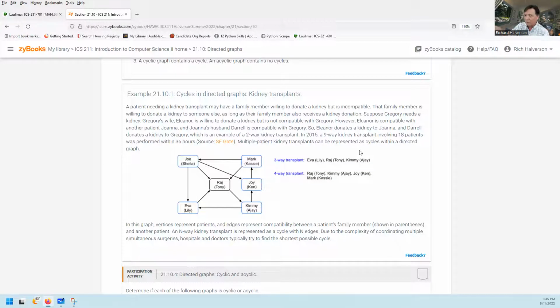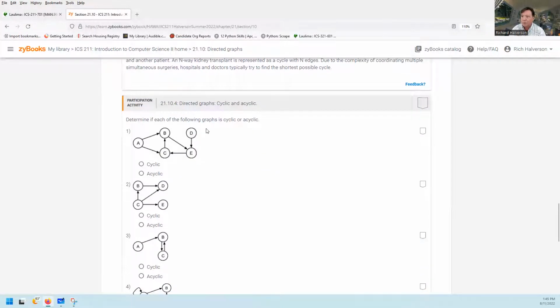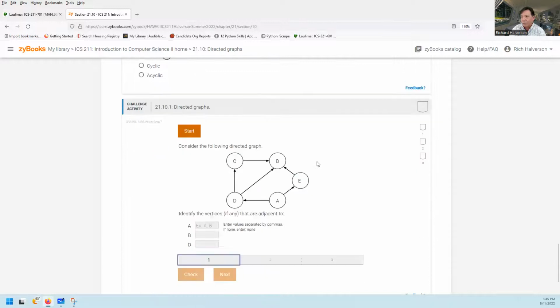This shows a graph of how something like this might work when you have multi-patient kidney transplants. So this is directed graphs, cyclic and acyclic. Make sure you understand the concepts.